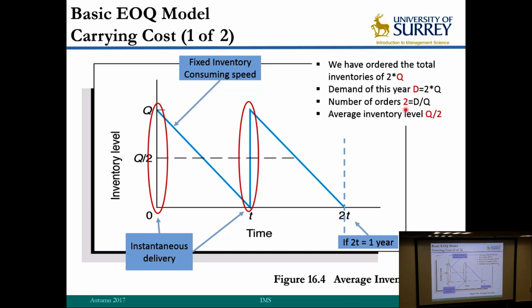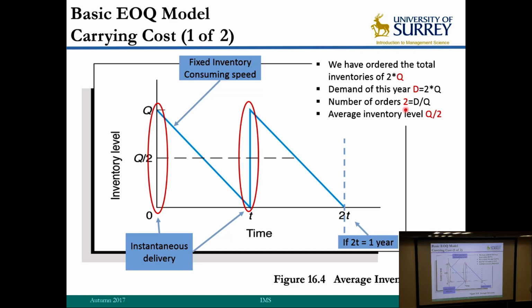I guess so. If we only consider the first time, we order Q. At the very beginning, we have a quantity of Q. Then the inventory keeps decreasing until time T, so before the second order, we have a quantity of 0.